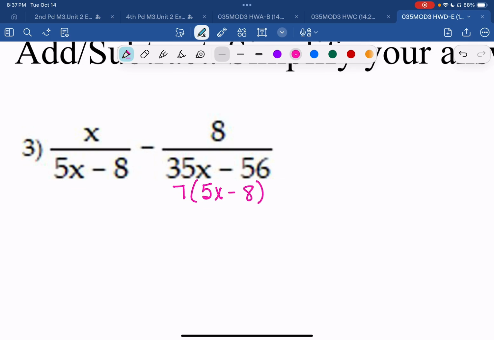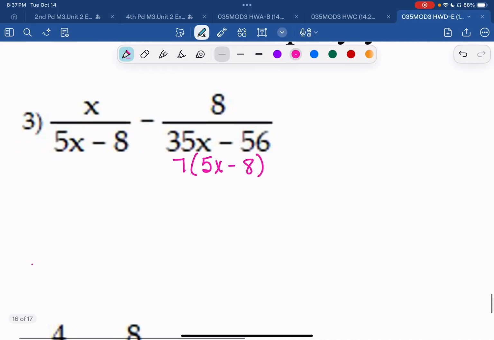So now when I'm trying to find my LCD, I've got 5x minus 8, and then I've got 7 times 5x minus 8. Well, we could look at this and say, okay, I just know I need to make them match, right? So if I came over here and I did that, well, now they match. So if I put that in the denominator, then hey, I got to put it in the numerator too.